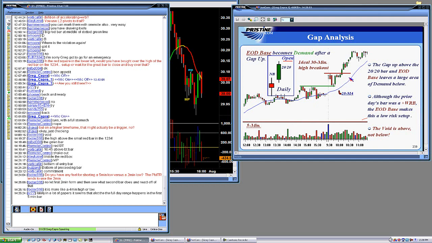And that's why it's marked as an ideal 30-minute type of high, because that consolidation, and we know that there's sellers up here, and it consolidates prior to the move up. So it's taking in that supply, right? We're buying the breakout, and then manage it accordingly.